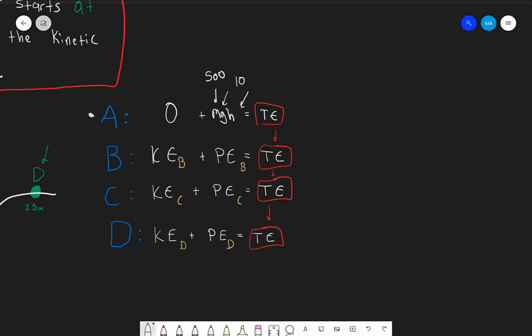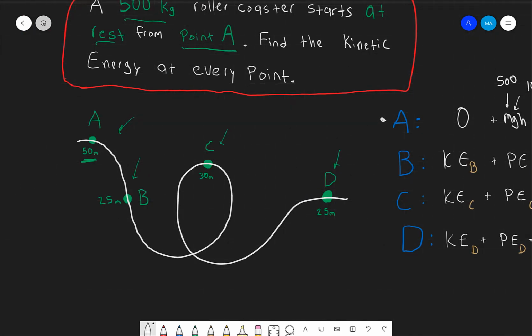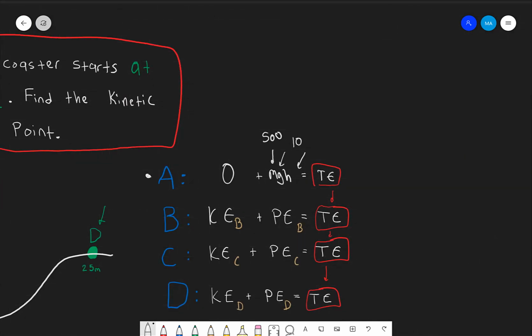And the height of point A is 50 meters. So the potential energy at point A is 500 times 10 times 50, which is 250,000. So the total energy at point A is going to be 250,000.